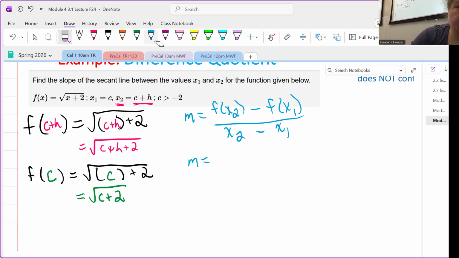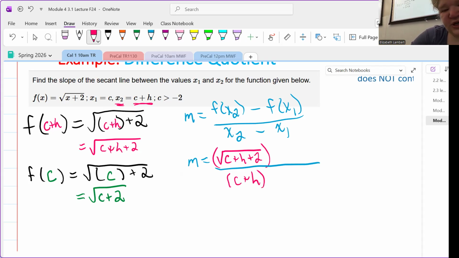Sorry, let me use my colors. So there's my x2 value and my f of x plus 2 value. And then I put minus signs.